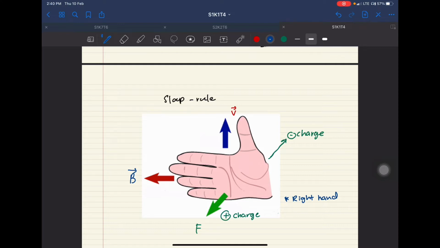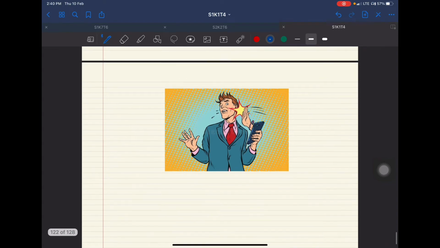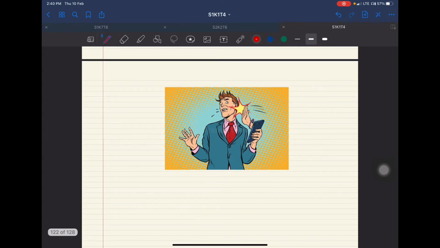If it is negative, you just back slap it. If it is positive, you just slap it to the front. Okay, if you want to try, this is just another example. If it is slapped in this direction, it will be a positive charge. This one is a backhand, it's a negative charge. We hope you guys can remember this.